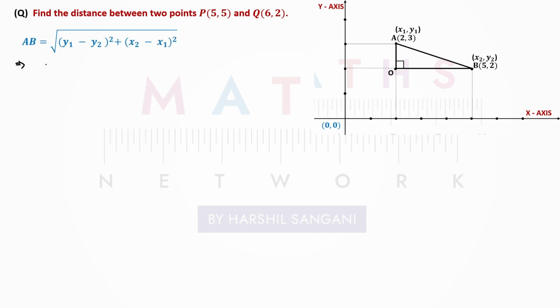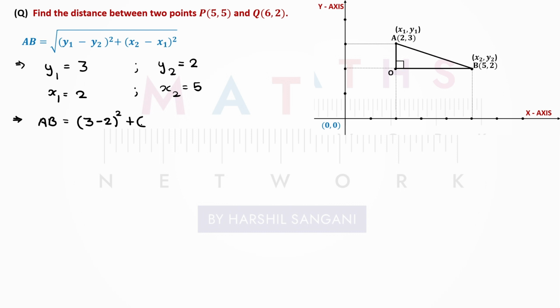Here our y1 is 3, our y2 is 2, x1 is 2 and x2 is 5. Now we plug these values into the equation. So we'll have AB equal to the square root of (3 minus 2) whole square plus (5 minus 2) whole square.